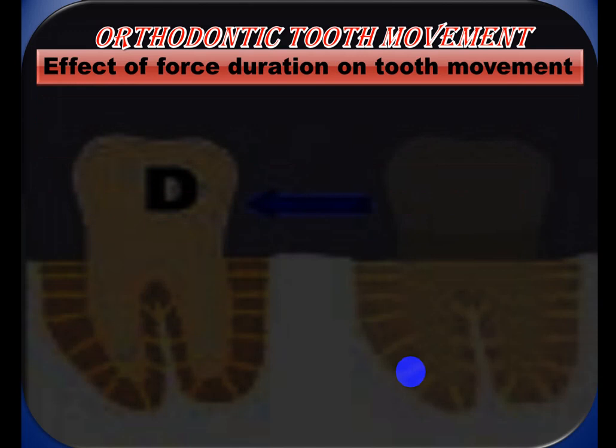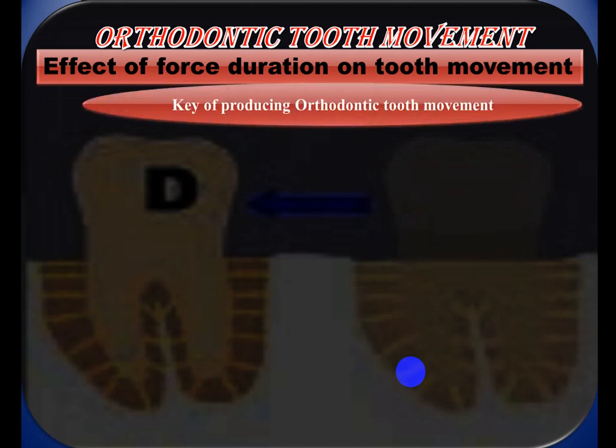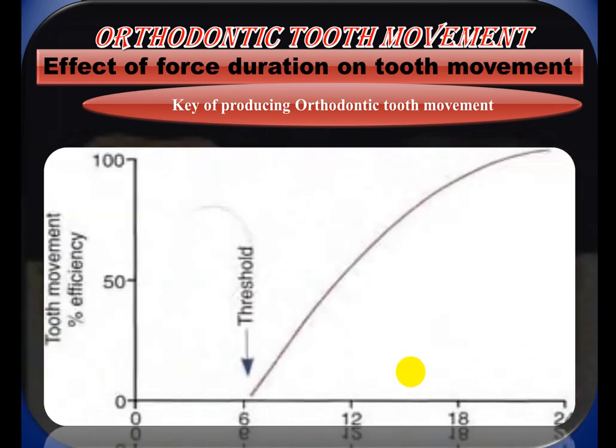Firstly, let me tell you that the key to producing orthodontic tooth movement is keeping the application of a sustained force for a time more than the threshold duration, as I explained for you in the beginning of our lecture.